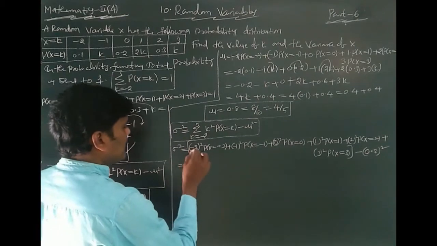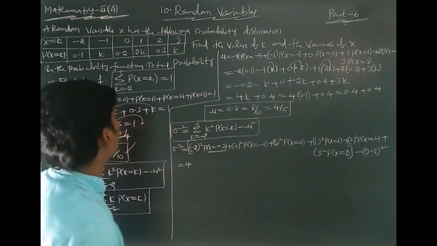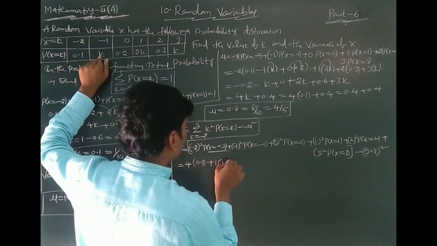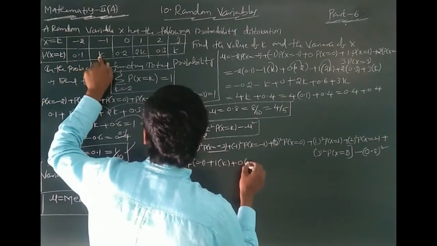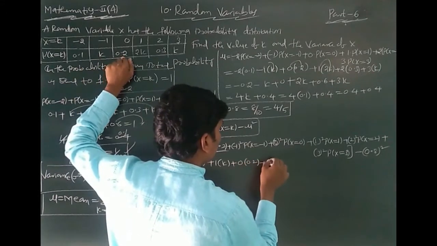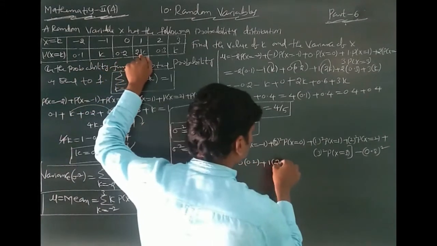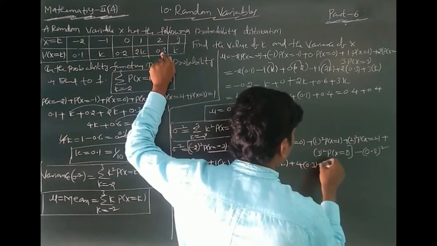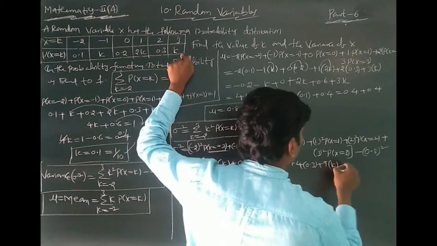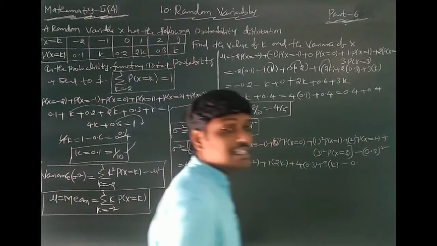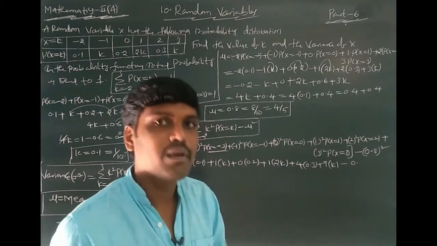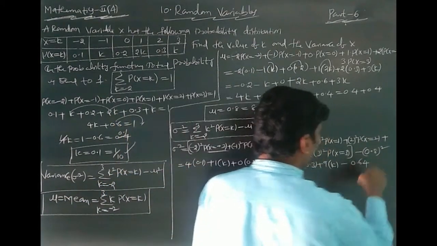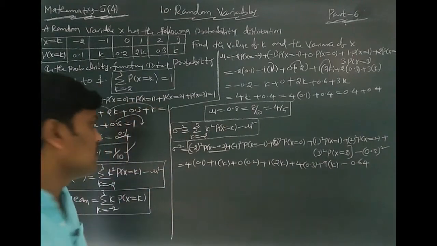After that, minus 2 square, 4 into, this value is what here? 0.1, plus 1 into k, plus 0 square value 0 into 0.2, plus 1 into 2k, plus 2 square value 4 into 0.3, plus 3 square value 9 into k, minus 0.8, nothing but 8 by 10, 64 by 100, 0.64. That value is 0.64.